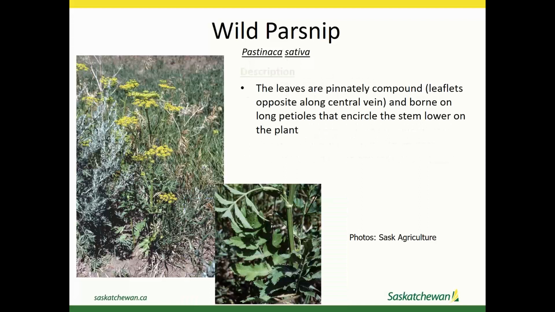Let's see here. The leaves are what's referred to as pinnately compound. So essentially that means that the leaflets are borne opposite to one another along a central vein. And prior to the formation of those leaflets, it has a long petiole or leaf stalk that when it meets the stem, it encircles the stem, particularly lower on the plant.